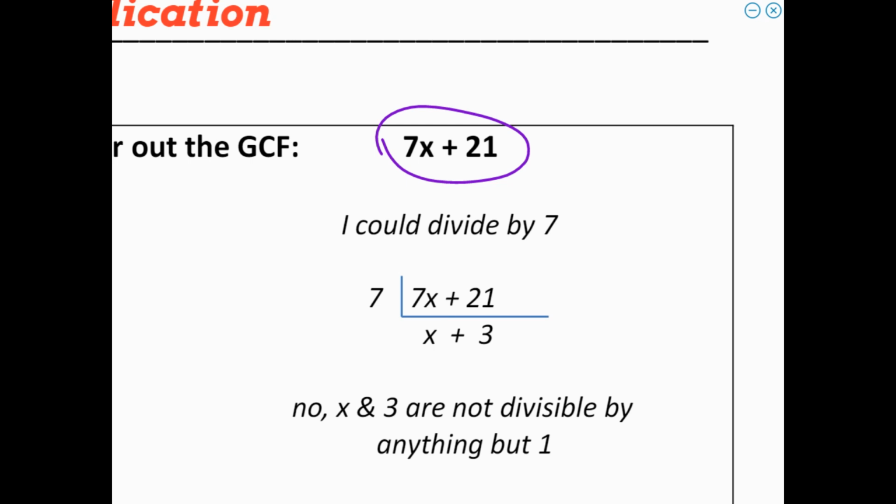So the greatest common factor of 7x and 21 is 7. I can divide both of those terms by 7 evenly and not have any decimals or remainders.